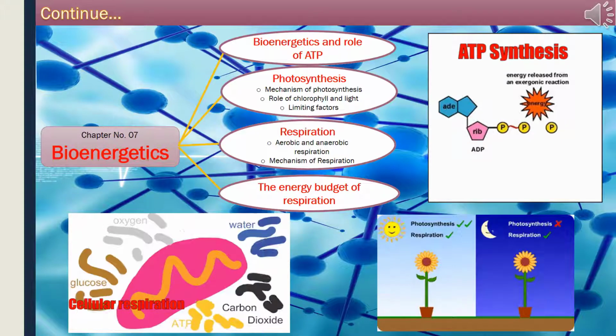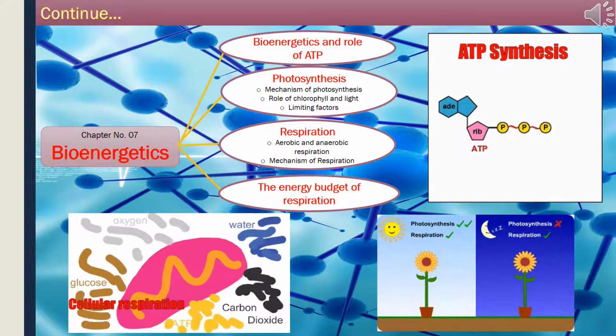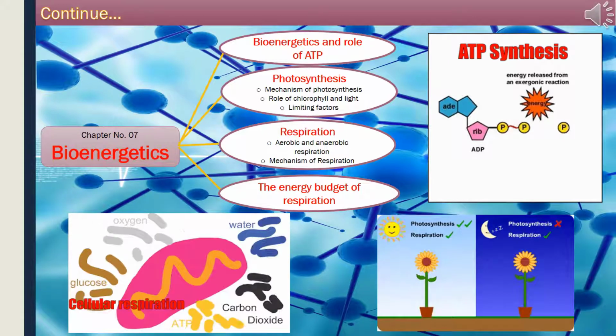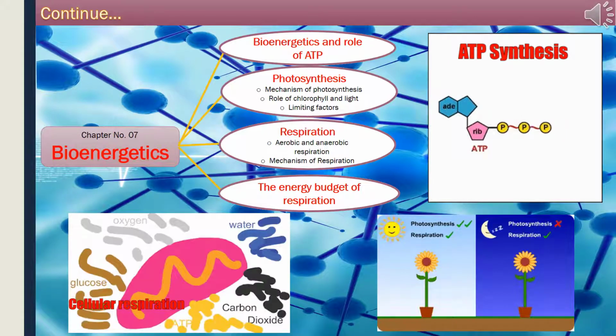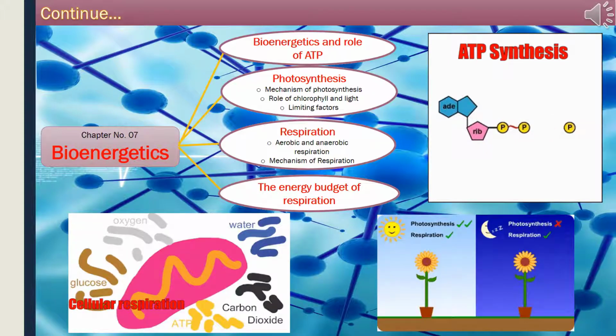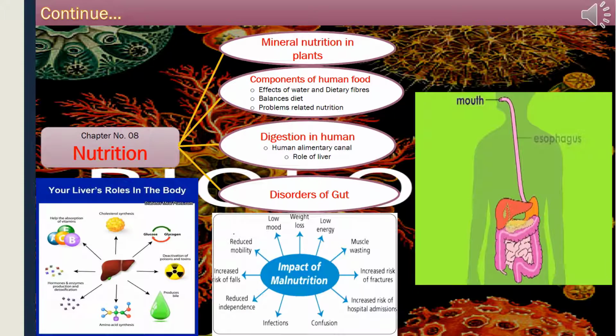ATP are energy molecules, photosynthesis, mechanism of photosynthesis, role of chlorophyll and light in photosynthesis, and which factors affect the rate of photosynthesis, and respiration, types of respiration, aerobic and anaerobic respiration, and mechanism of respiration, and the last one is the energy budget of respiration.